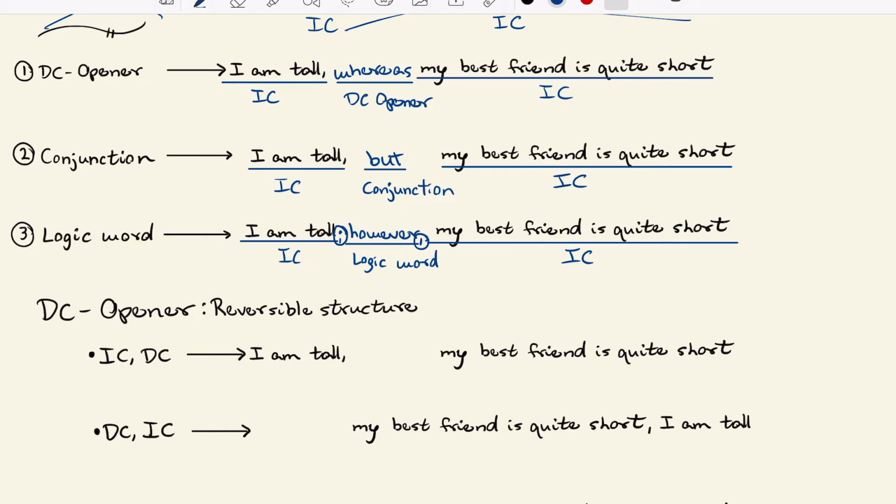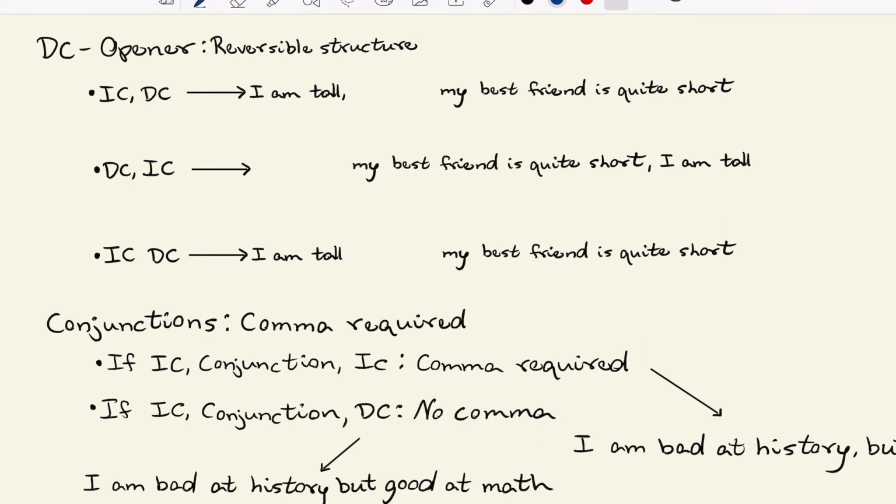So here we can see that when you have a DC opener, you can change up the order of the sentence a little bit. So for the first one, it's independent clause, comma, dependent clause opener. So you have independent clause here, and you have your dependent clause opener, whereas, right after the independent clause. In the second example, you have a dependent clause opener, comma, independent clause.